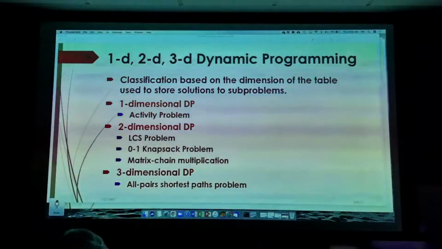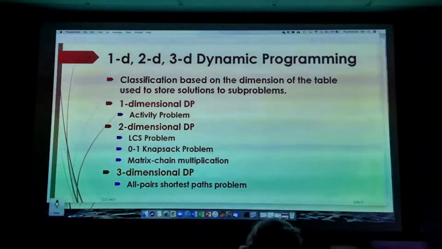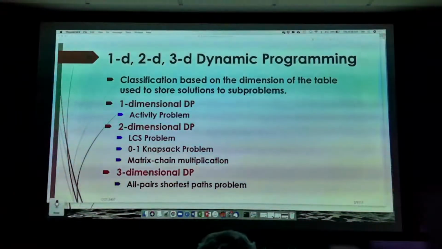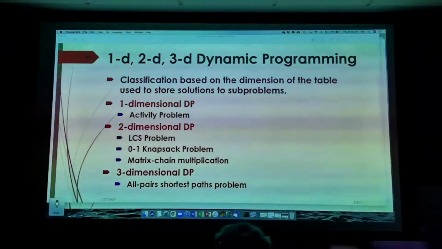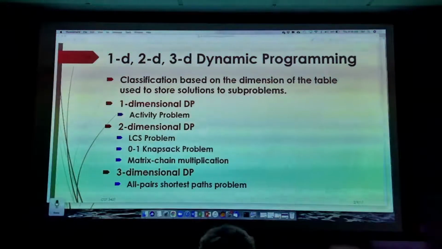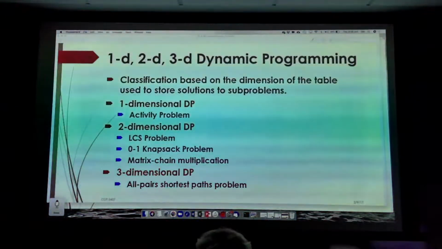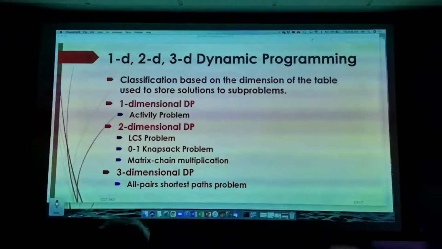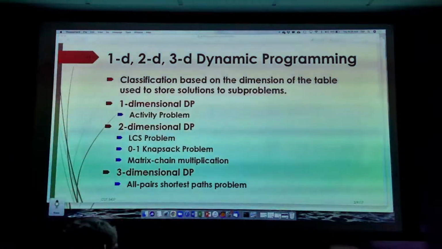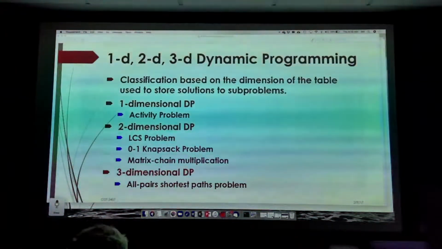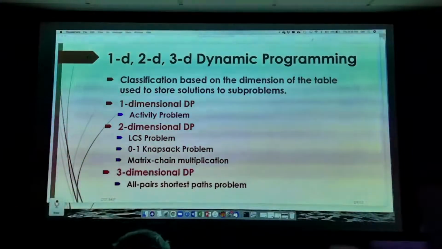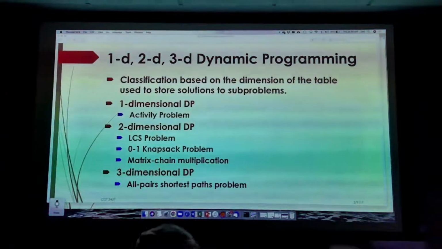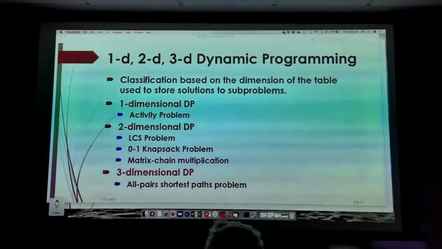For one-dimensional dynamic programming, a good example is the activity selection problem, or room assignment problem, or the rod cutting problem in the textbook by Cormen, Leiserson, Rivest, and Stein. You're welcome to look at any of these. These are fairly simple dynamic programming problems, and pretty much dynamic programming is the only reasonable approach for them.